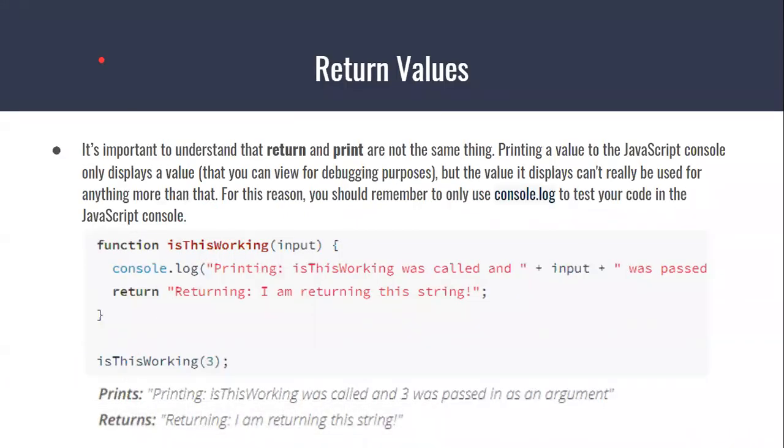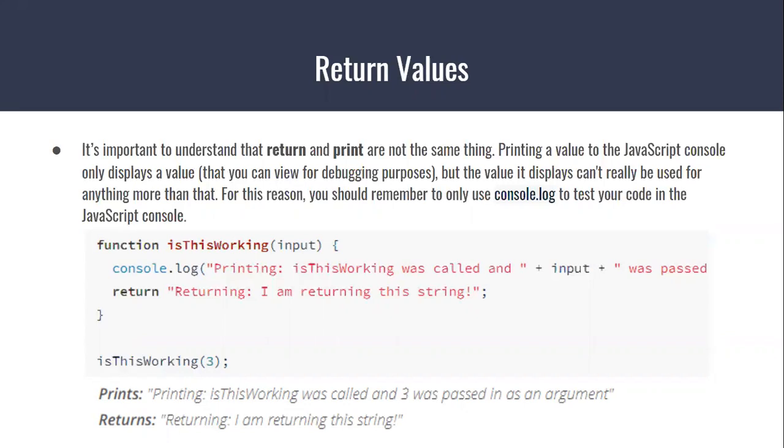So it's important to understand that returning and printing are not the same thing. As we already talked about, printing a value to the JavaScript console only displays it for your viewing, for debugging purposes for the developer. But the value it displays can't be used after that, so it's kind of useless unless that's what you're going for, unless your function does a side effect.